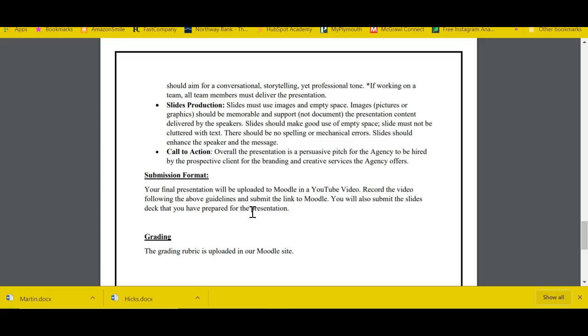So you can record this presentation the way you want. Like I said before, you could use Spark. When you do Spark, it allows you to create videos within Spark, and all this is for free. Again, you can access Spark from your My Plymouth site. If you want to do an iMovie, sometimes you have a hard time trying to upload it to Moodle.